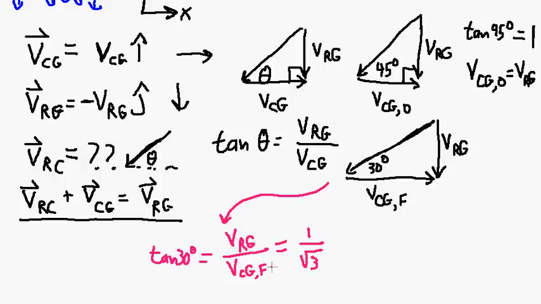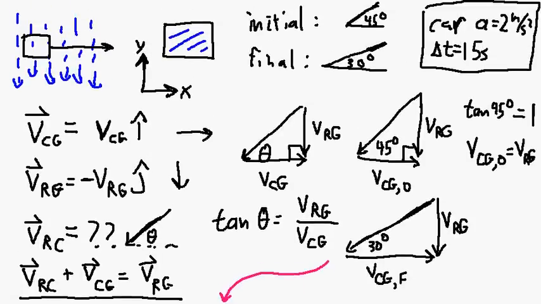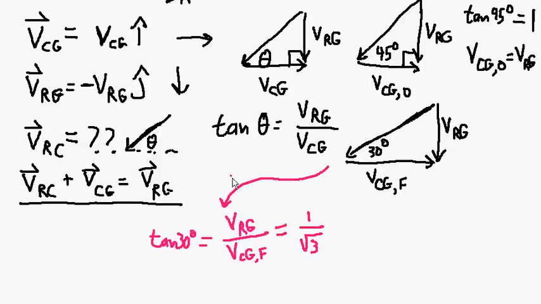Okay, so progress now. So what's the final velocity of the car? Well, remember up here, the car was accelerating at 2 meters per second squared for 15 seconds in between these two observations. So what you can say is that you had some initial velocity of the car plus the acceleration times the time that passed equals the final velocity.